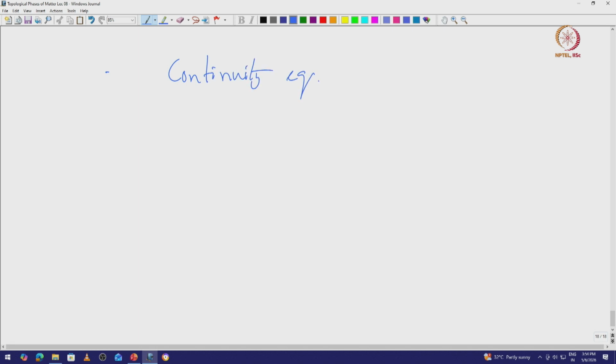How this current is related through the continuity equation to the charge. So, what we are doing is that we are sort of creating a gradient of the current between the two surfaces, and how would that correspond to the change of the conductivity.